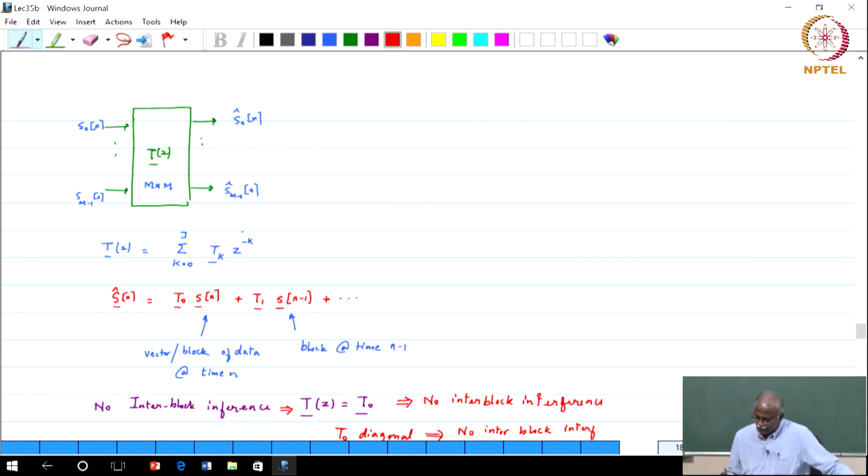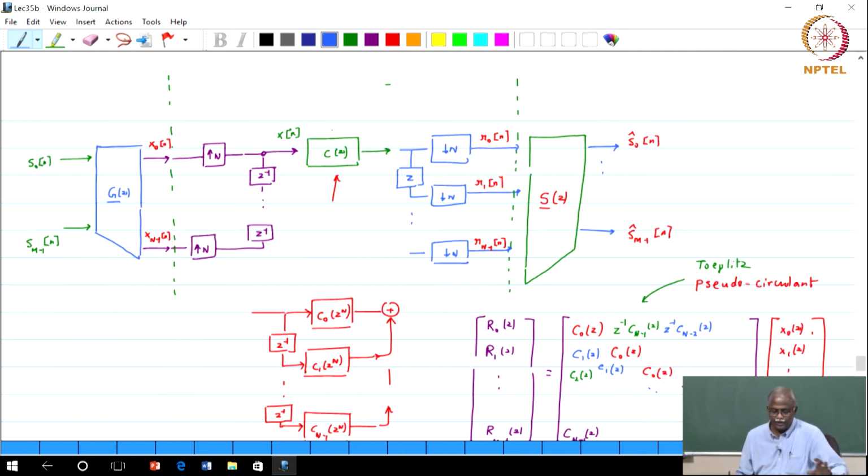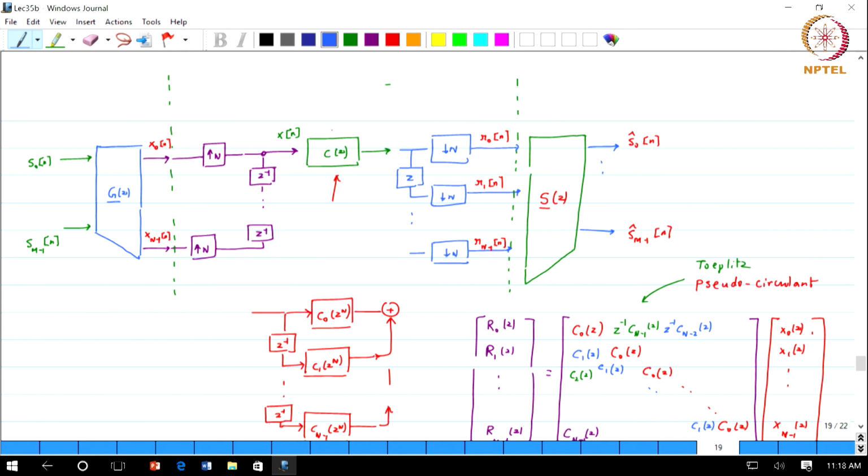Okay. The last review portion of this is that we wrote down the polyphase implementation, the matrix representation of the synthesis filters. These are the synthesis filters followed by the analysis filters. Okay. Very important. Once we have this, we obtained the representation in terms of the polyphase components of these matrices, and we also said that we will write C of z in terms of its own polyphase decomposition, and then we obtained a transfer function between R's.